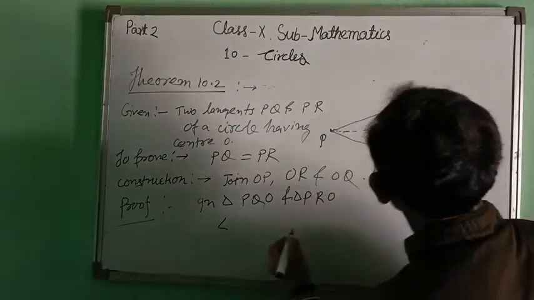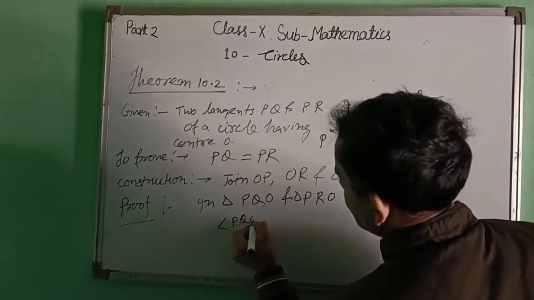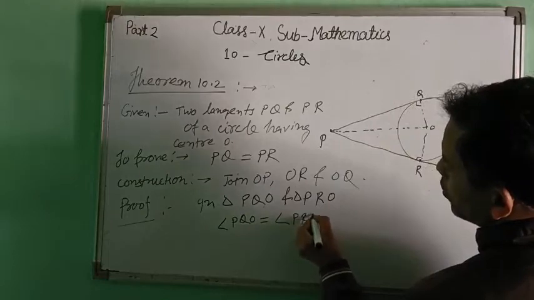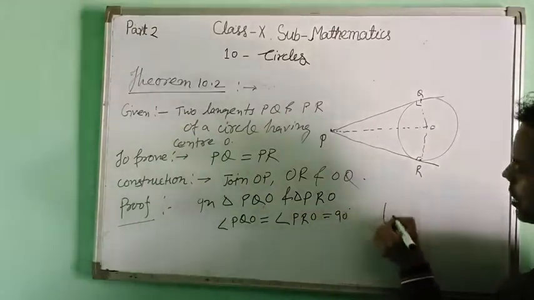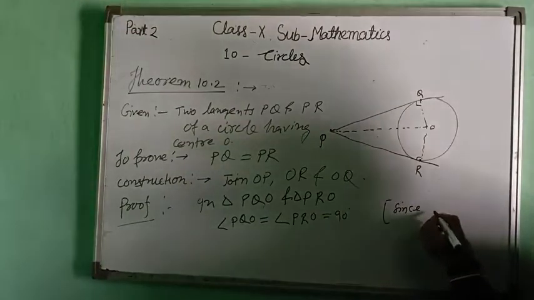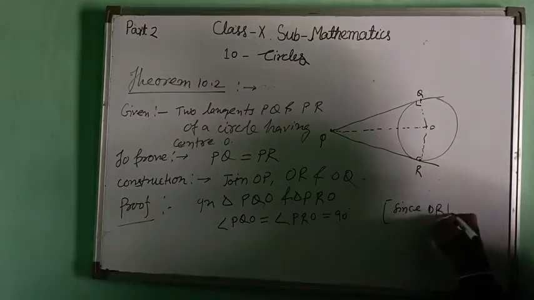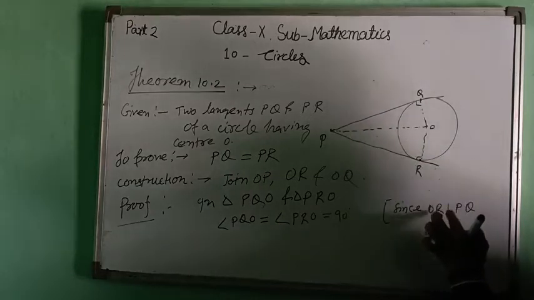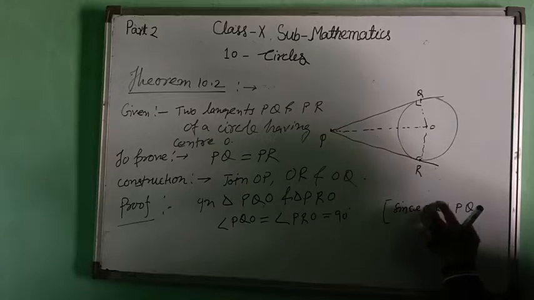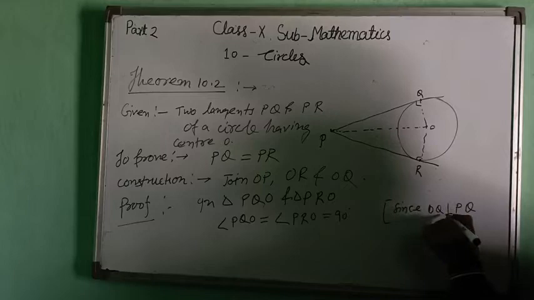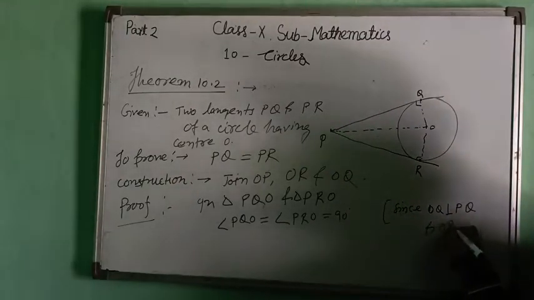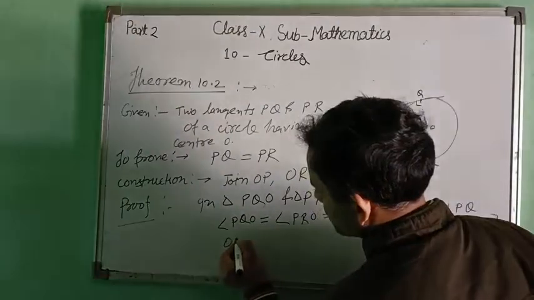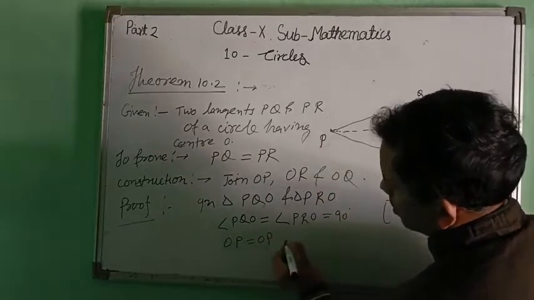It means angle PQO equal to angle PRO equal to 90 degrees, since OQ is perpendicular to PQ and OR is perpendicular to PR. And second, OP equal to OP, common.